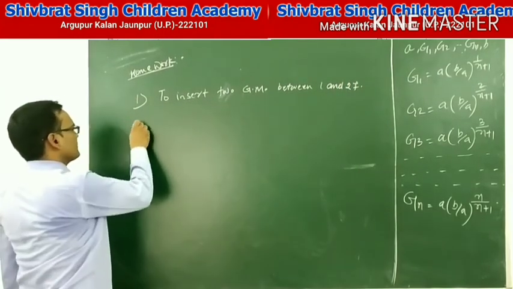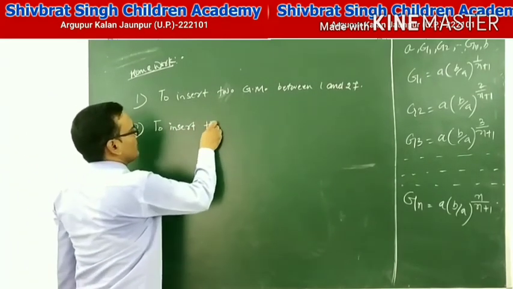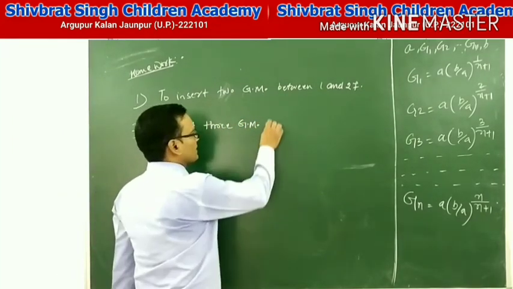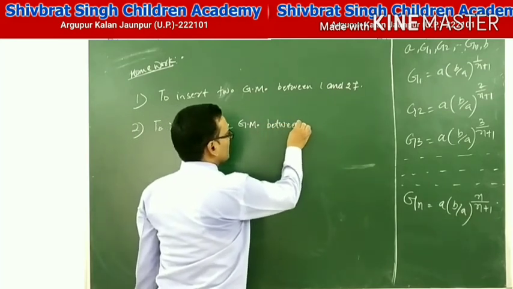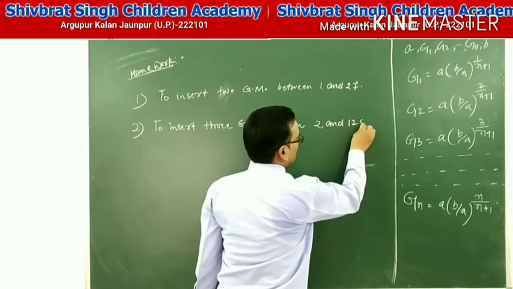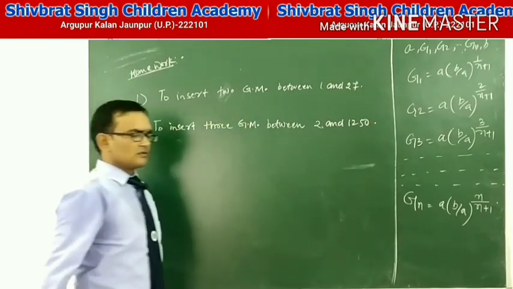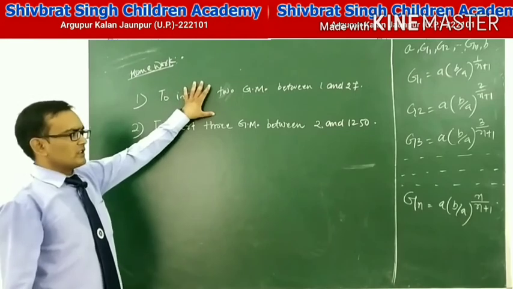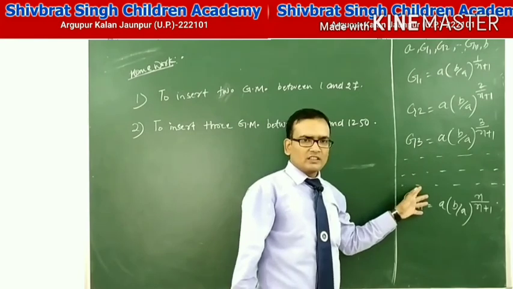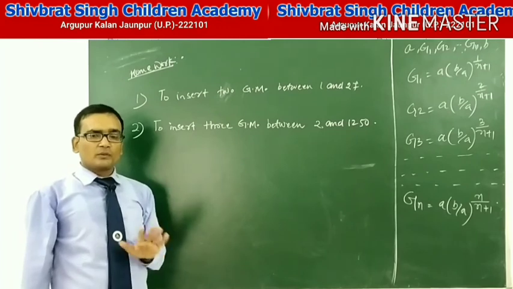Next, insert three geometric means between 2 and 1250. Students, if you solve these two questions, your concept of the geometric mean is clear. If you cannot solve these questions, that means your concept is not clear.